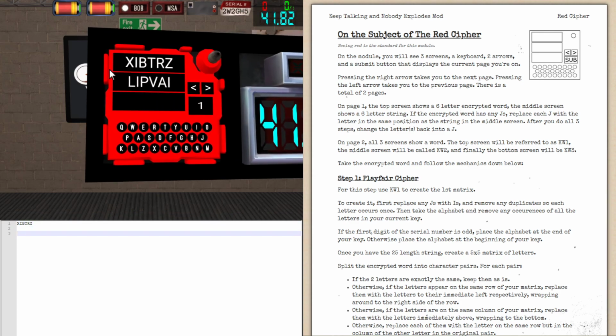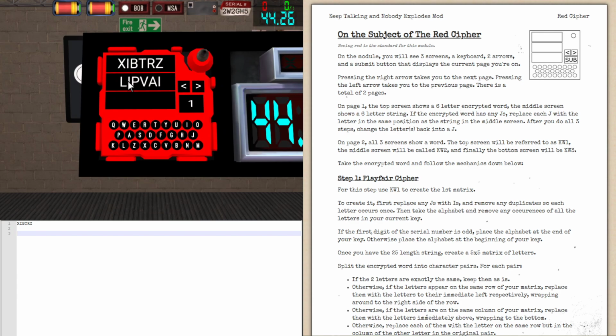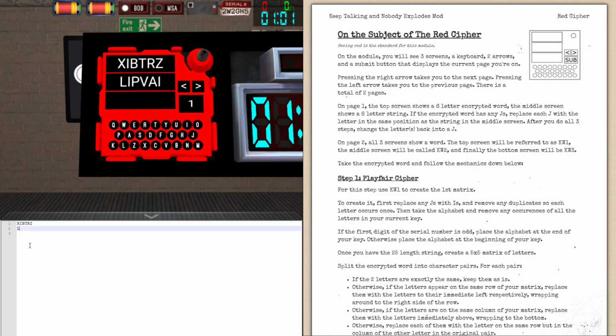Now, the letters on the middle screen are just in case there are any J's in the encrypted word on the top screen of the first page. If there are any J's, such as, let's say LIPVAI had a J here, I would replace this J with the letter at the same position in the middle screen letters.